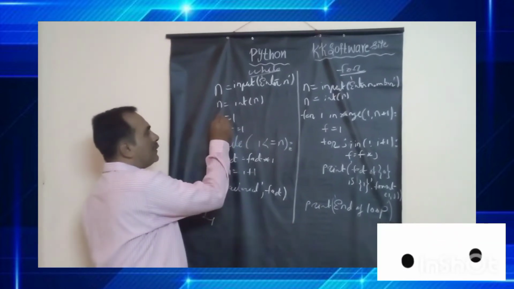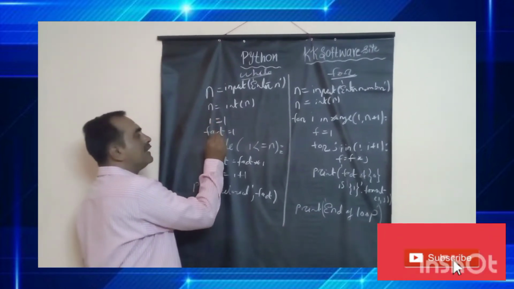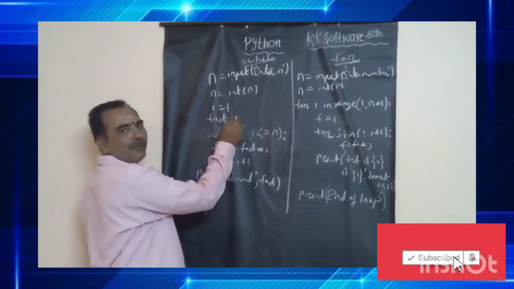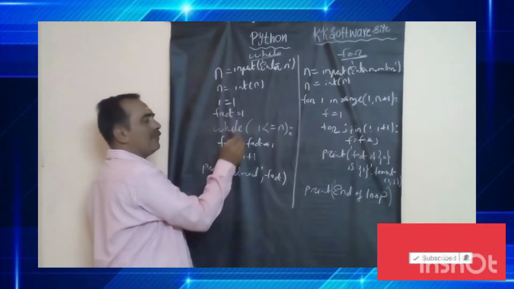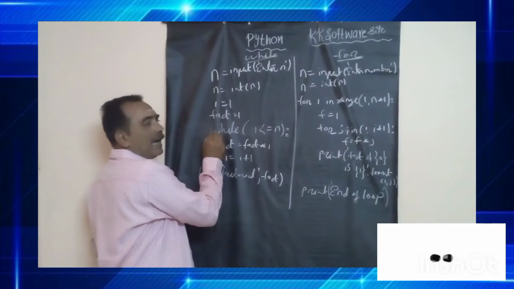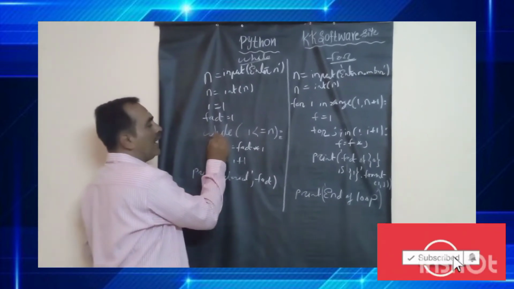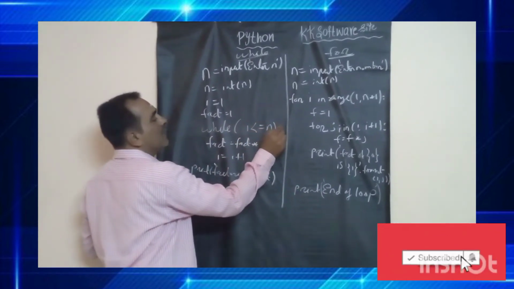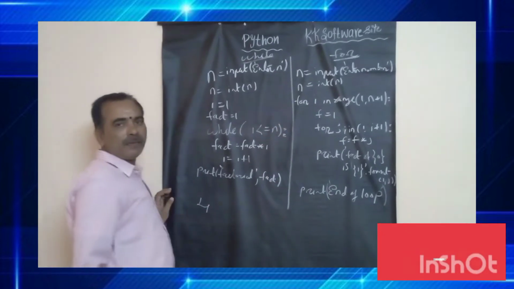These are the two variables. This is used for counter and this is used for the product of all the values which we are using as factorial. And here I am opening a while construct: while i is less than or equal to n colon.